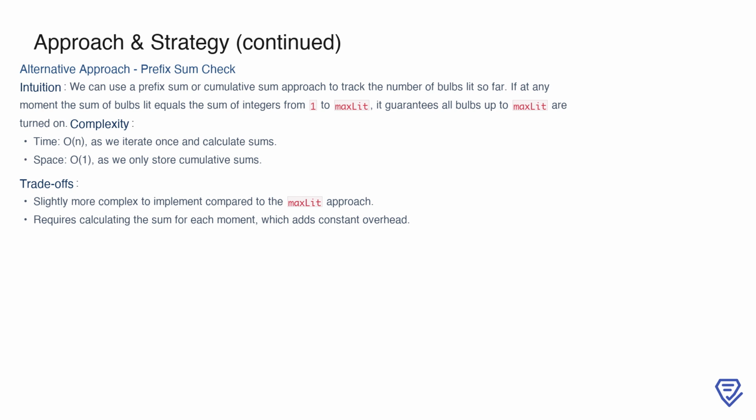While the prefix sum approach has a time complexity of n and a space complexity of 1, it introduces additional overhead due to the repeated calculation of the sum at each moment. This makes it slightly less straightforward to implement compared to the maxlit approach. Nonetheless, it provides a valid and efficient alternative for solving the problem.